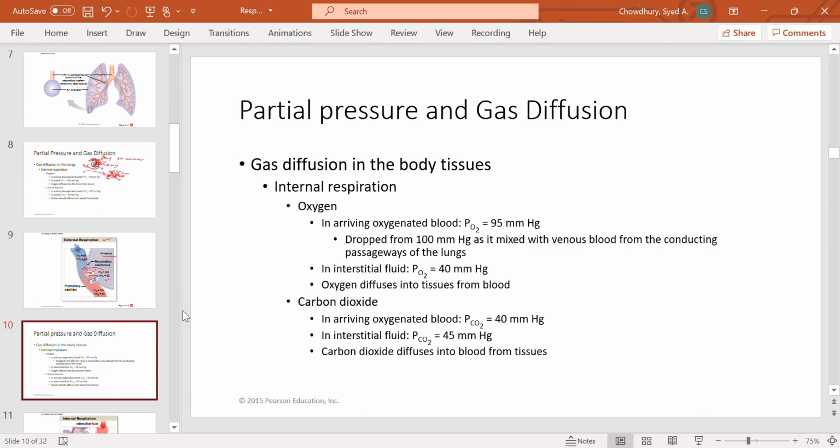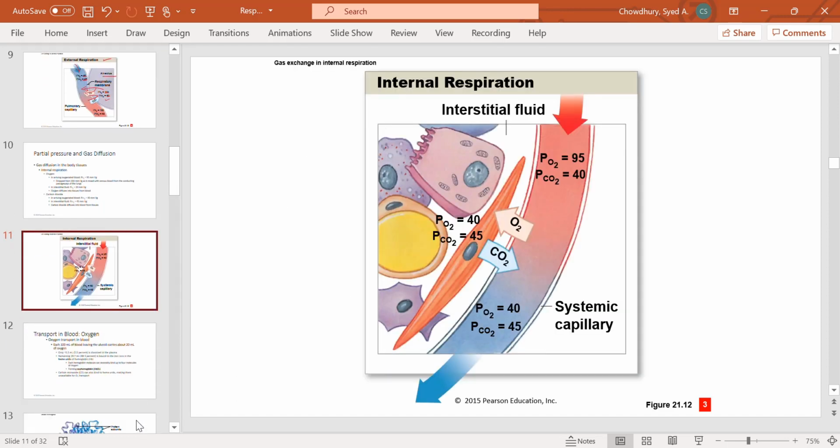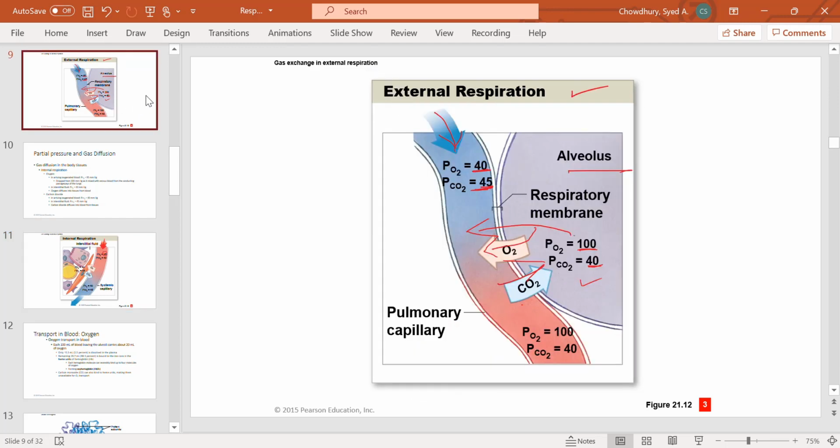And now we'll see the internal respiration. Blood goes to the heart, and from the heart the left ventricle pumps the blood, and that blood goes to the body, to the tissue. Now something interesting you see here. When blood left the lung, the pressure of O2 was 100 millimeter of mercury. That means high oxygen saturation.